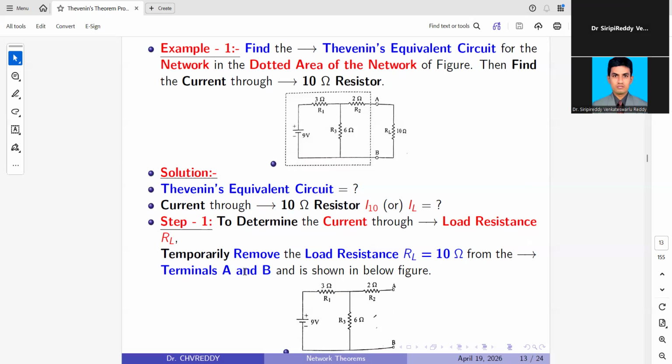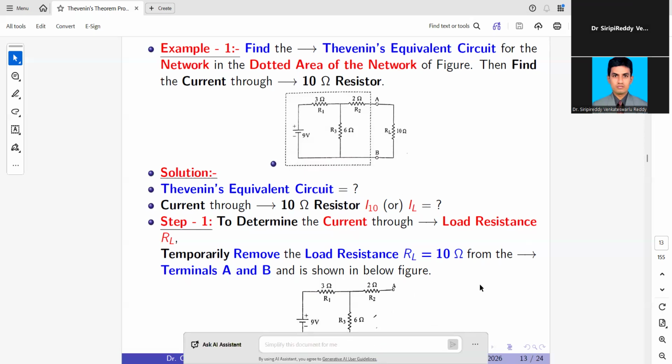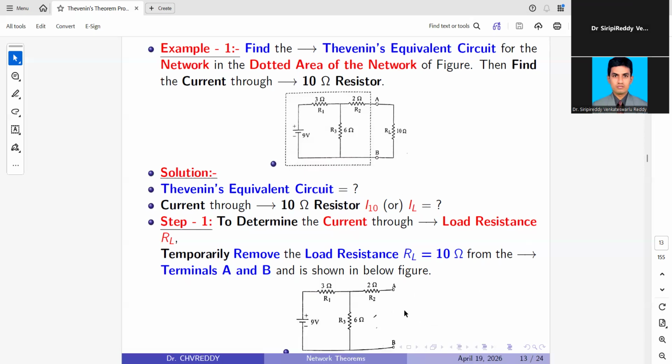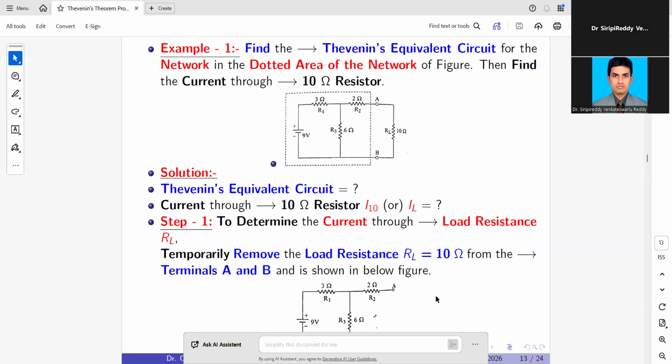For that, temporarily remove the load resistance, the 10 ohm, from the terminals A and B. After removing the load resistance from terminals A and B, the network is shown below. This is the network after removing the load resistance.